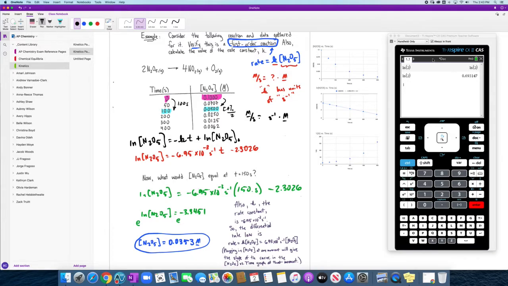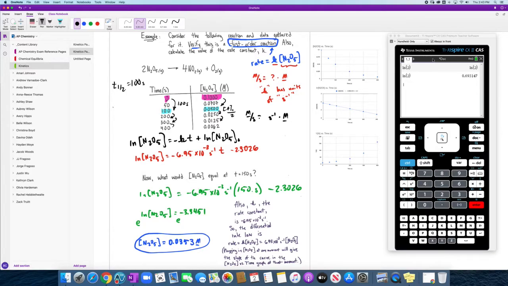What that means is every 100 seconds, we should see the concentration drop by 1/2. So let's see if that's true. After another 100 seconds, we can see that 0.05 drops by half again to 0.025. After another 100 seconds, 0.025 drops to 0.0125.